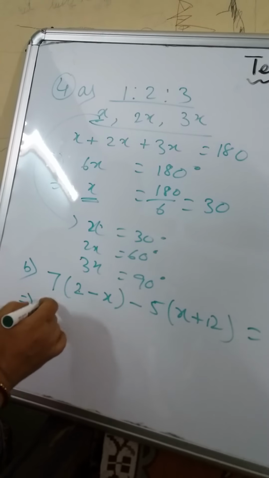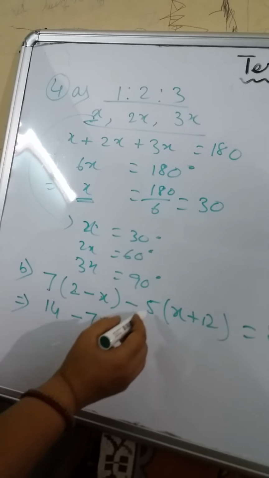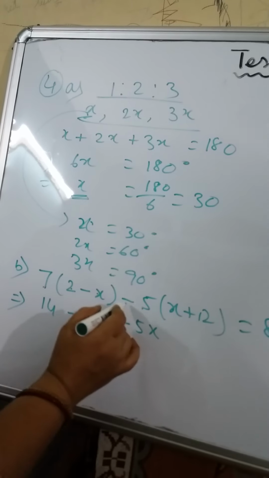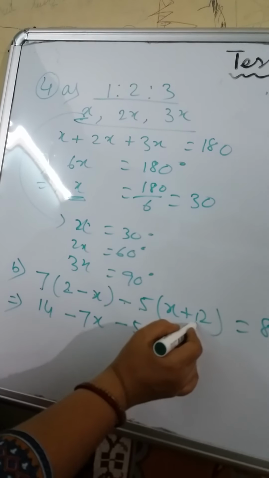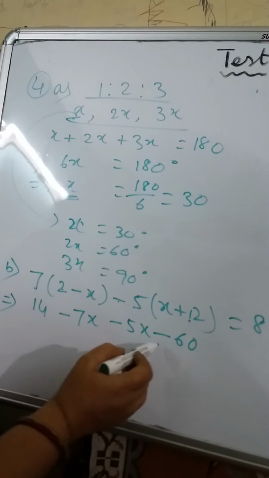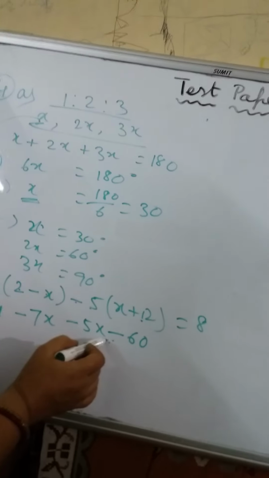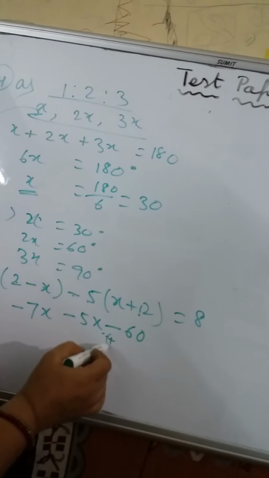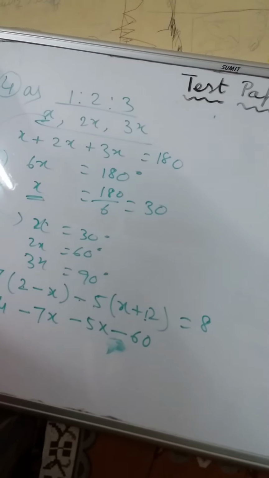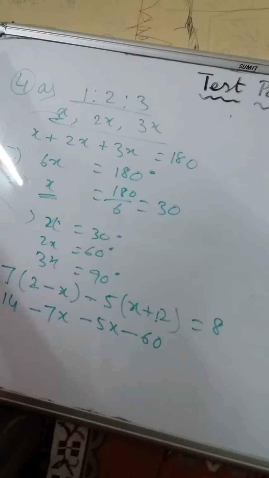So 7 into 2 is 14, 7 into minus 6x is minus 7x, minus 5 into x is minus 5x, and minus 5 into 12 is minus 60. Many of you have made this mistake. You have written plus here. That mistake many of you have done. So be careful about this sign.